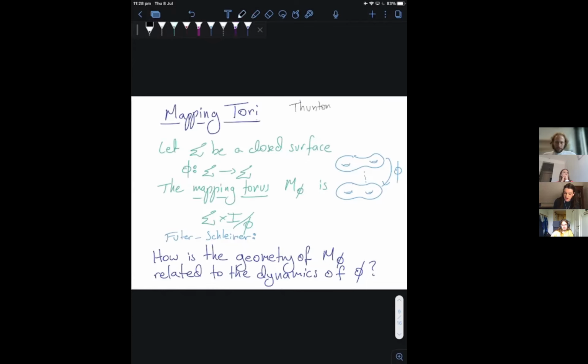It's this idea that you can put a norm on the second homology, so it's a Thurston norm on H2 of your 3 manifold. And it turns out that when you look at the unit ball of this, you get this polytope.